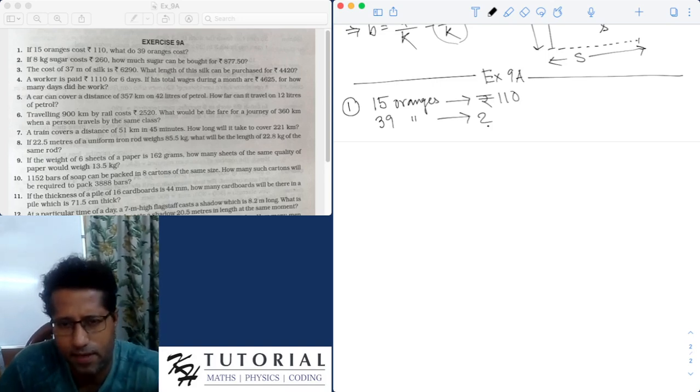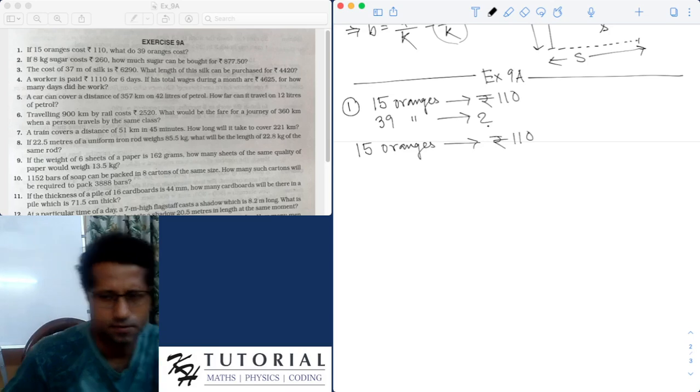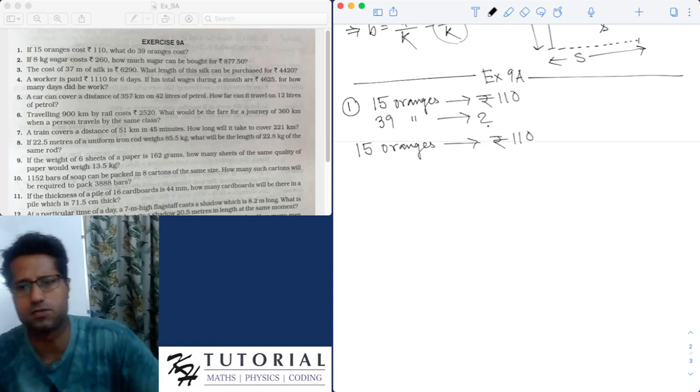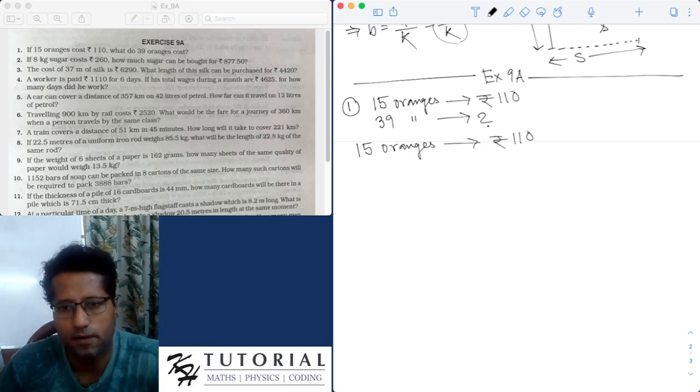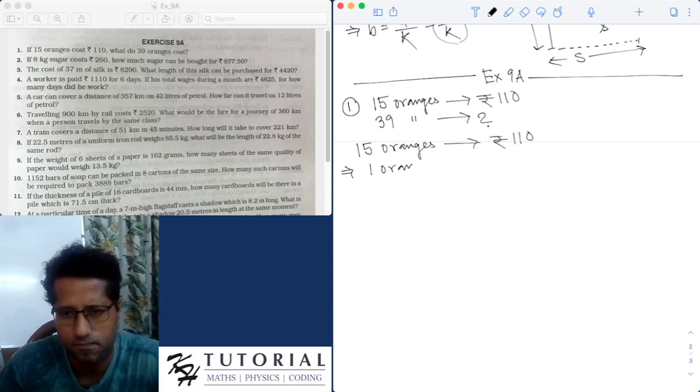So from the fact that 15 oranges cost rupees 110, and since we know that these two quantities, the number of oranges and the cost, are in direct proportion or variation, this implies that one orange will cost rupees 110 by 15.